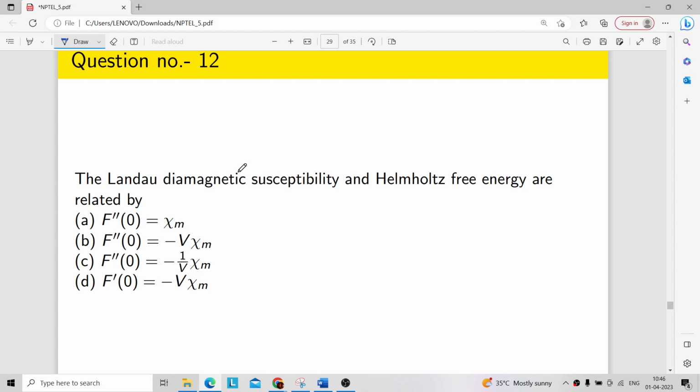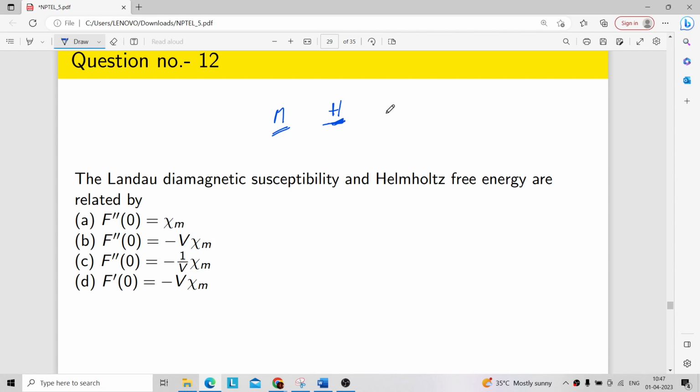For that we need to know the relation between magnetization and Helmholtz free energy. Helmholtz free energy is a parameter in the canonical ensemble. So for the canonical ensemble, we can derive magnetization in terms of Helmholtz free energy.